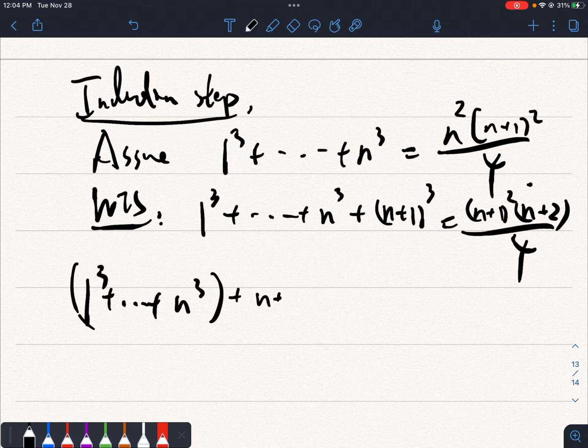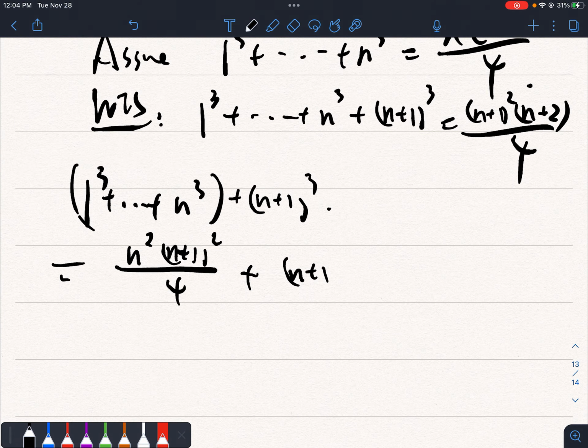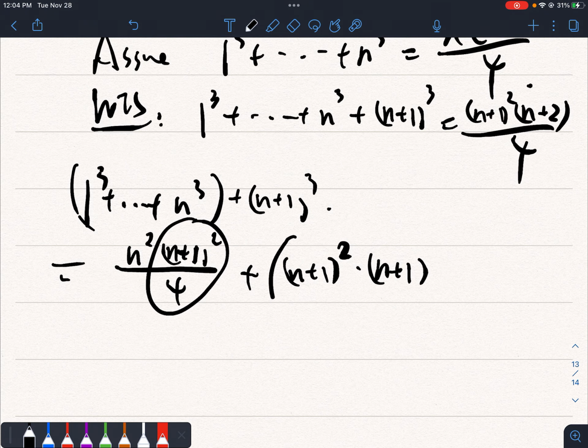If you add them up, then all the previous terms give n squared times n plus 1 squared over 4, plus n plus 1 cubed. So you can write this as n plus 1 squared times n plus 1, and then you can factor out n plus 1 squared over 4.